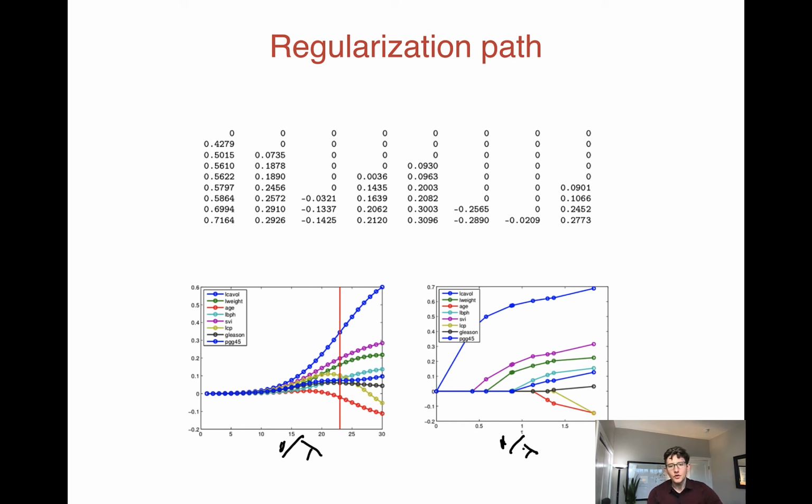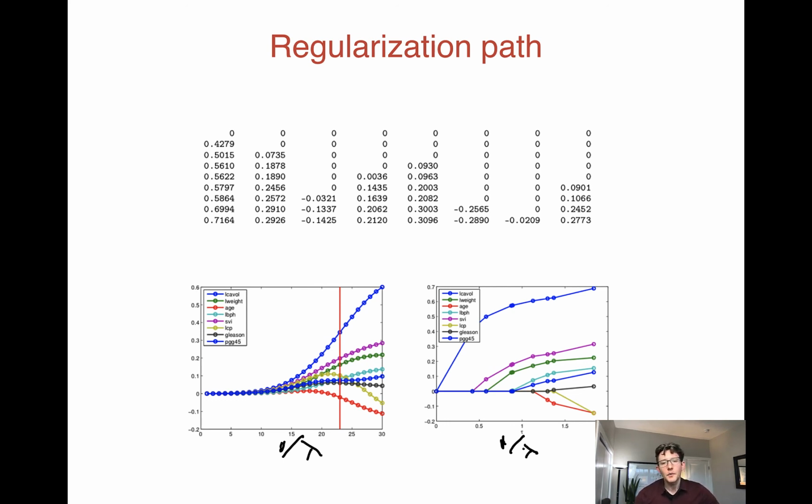That is, you can figure out the values of all the different parameters for all the possible values of our regularization strength lambda. This is very often a good thing to do.